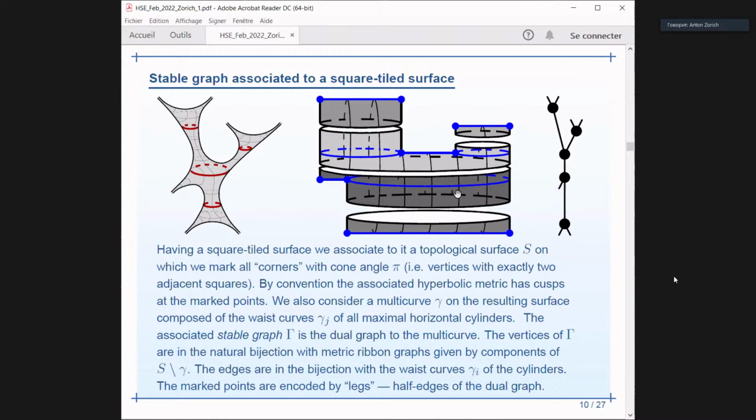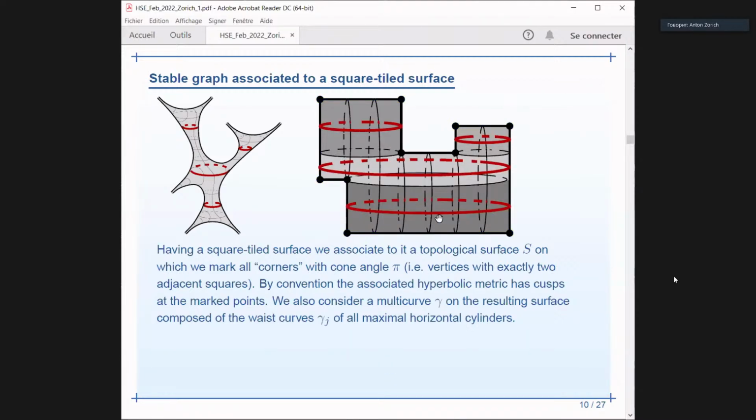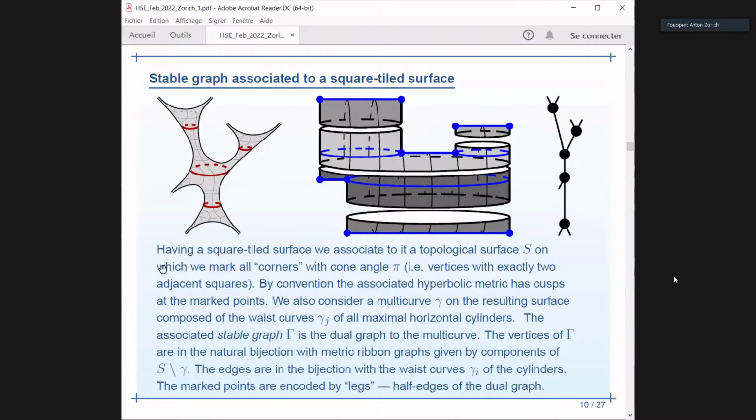But I do not need this geometric interpretation. I'm perfectly fine staying on a purely formal level: to every square tile surface we associate a collection of red curves, which encode the waist curves of maximal horizontal cylinders, and the dual graph is this stable graph.